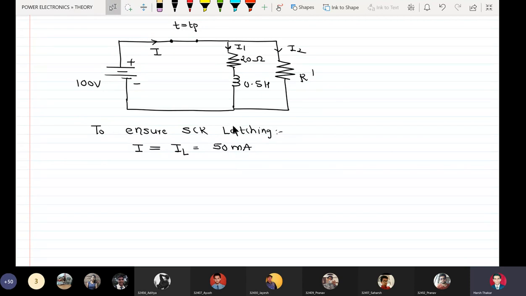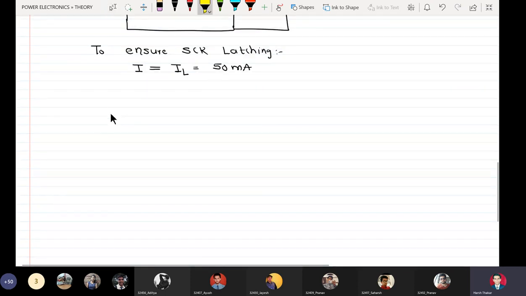Now let us see that because of the presence of inductance of 0.5 Henry in series with 20 ohm, how much does this inductance allow the current to rise from 0? Okay, so second condition, find the value of I1 of t.